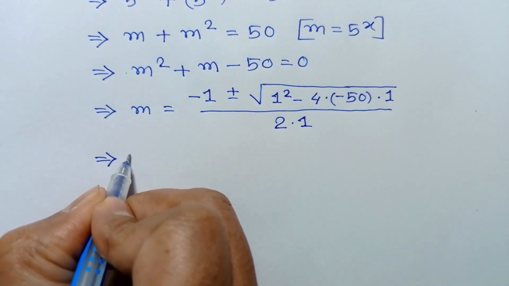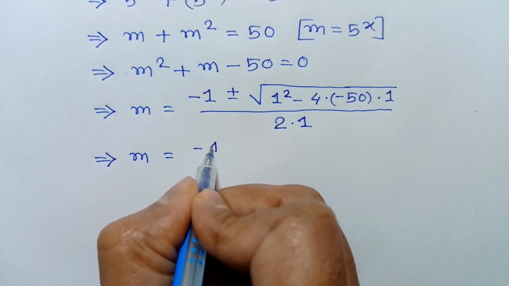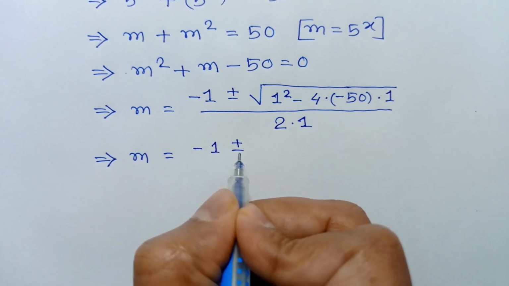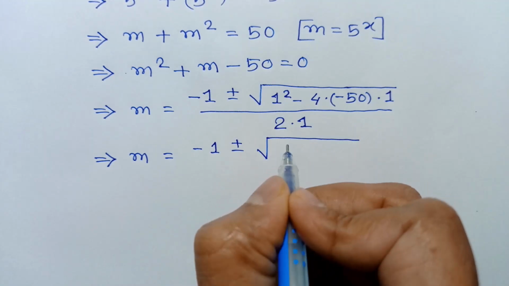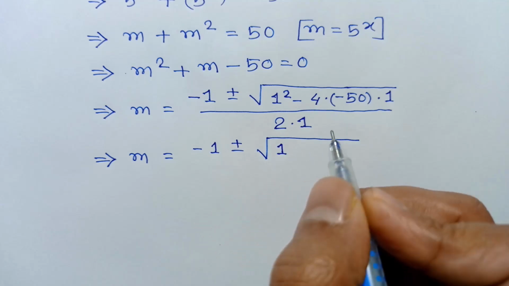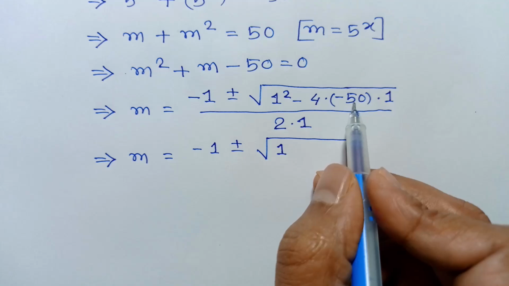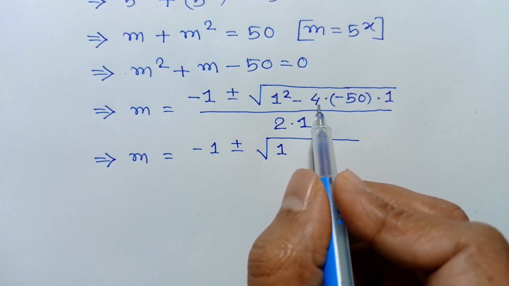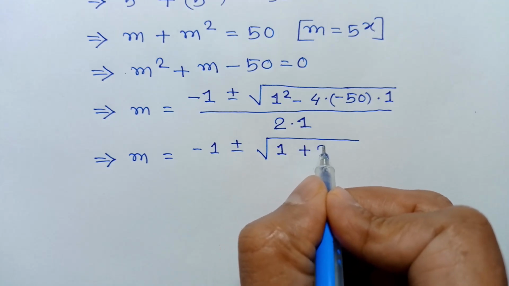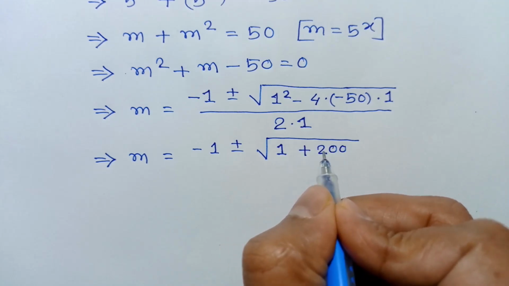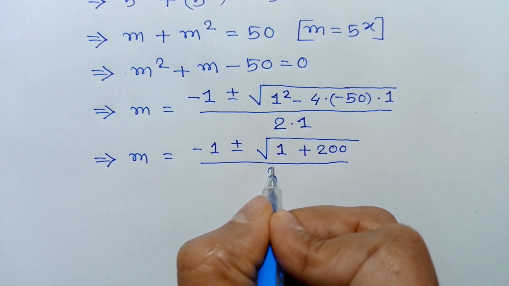So m is equal to negative 1 plus or minus square root of 1 squared, which is 1, and negative 4 times negative 50 is 200, times 1 is positive 200, over 2 times 1, which is 2.